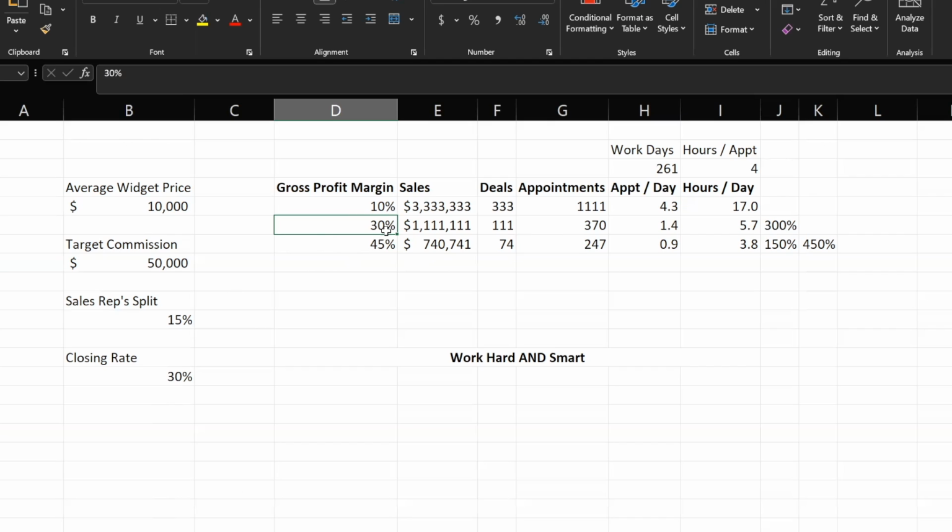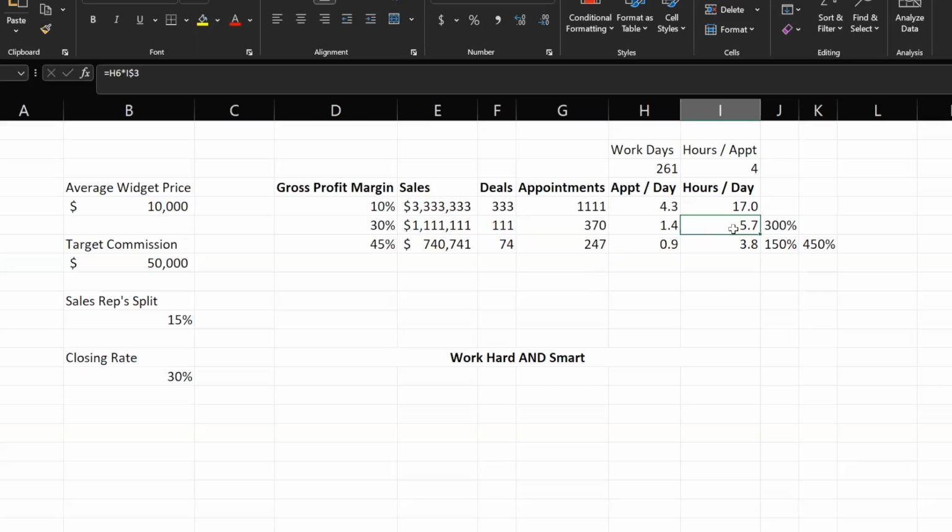In that case, you would only have to make over 1 million in sales, which ends up being over 100 deals. And at 30% closing rate, you only have to run close to 370 appointments, which equates to about 1.4 appointments per day, which means you would have to work 5.7 hours per day.